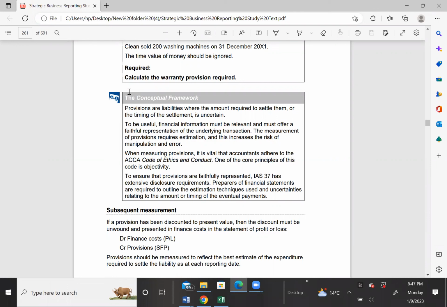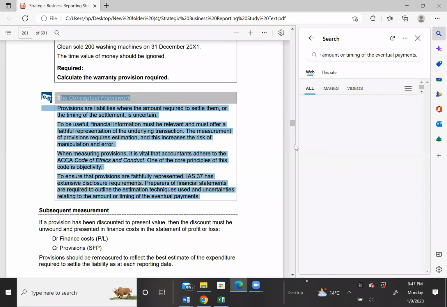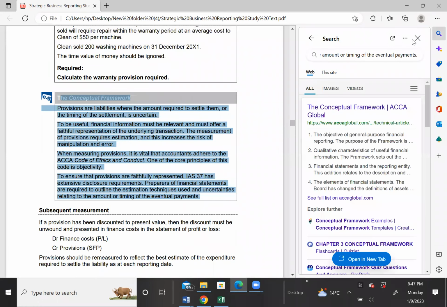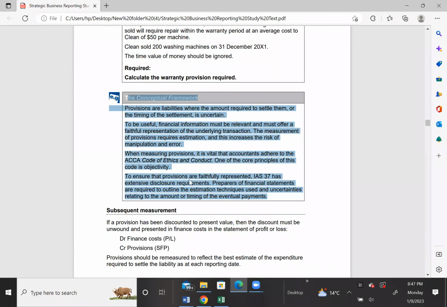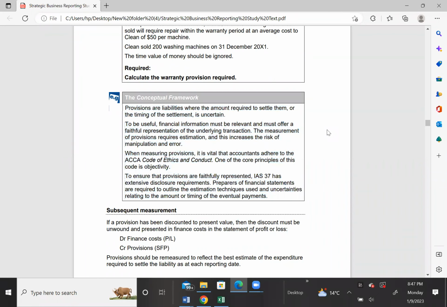Please read this part as well, conceptual framework. Please read it. Provisions are liabilities where the amount required to settle them or the timing of settlement is uncertain.